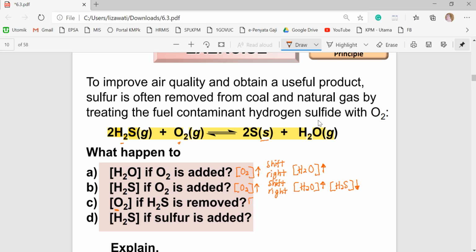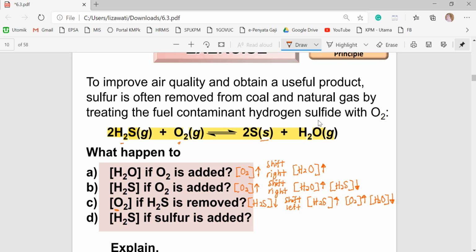When removed, the concentration of H2S will reduce, so the system will shift to the left. The concentration of H2S will increase as well as the concentration of O2. However, the concentration of H2O, which is the product, will decrease.